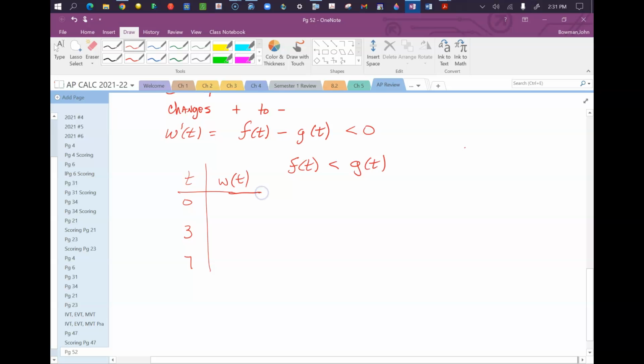And we do not have to relabel that because we actually defined that a minute ago. And that would be 5,000 at time 0.